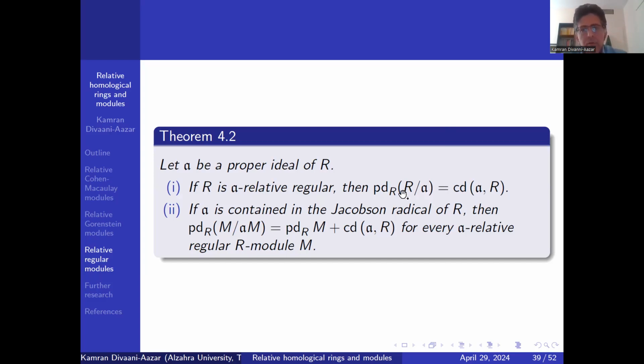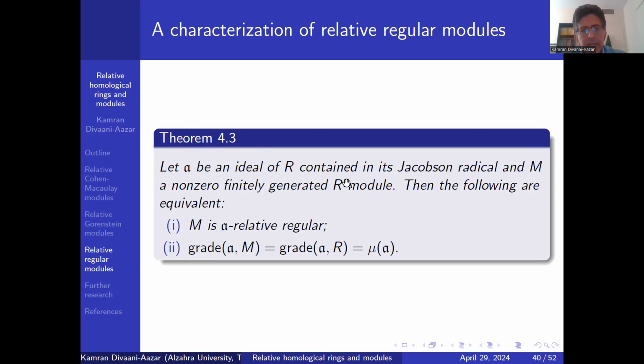If we try to have this for regular modules, then we should impose an extra assumption on N. So let A be an ideal that is contained in the Jacobson radical of R. Then we have this formula for every A-relative regular R-module. And here there is a characterization for A-relative regular modules.